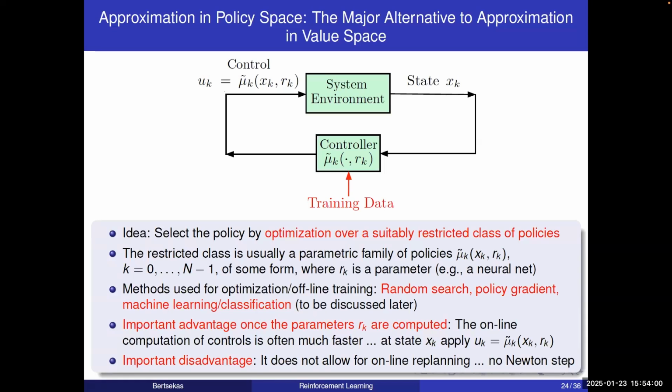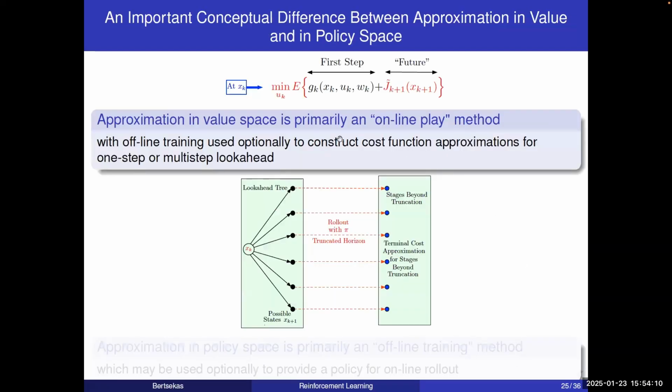The other drawback is it does not involve Newton's method, and the significance of Newton's method will be clear in the next lecture. Okay, as I mentioned earlier, the approximation in value space, after we computed J tilde, is not really the end of the story. It's not like what we need is a J tilde. What we really need is a control.